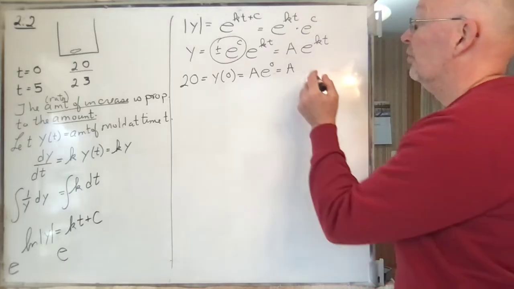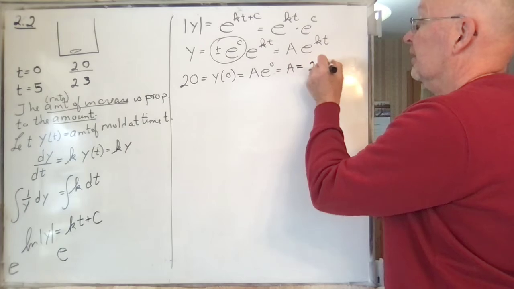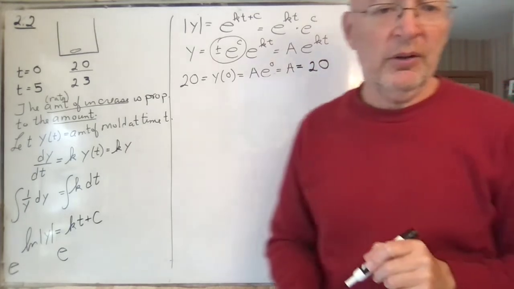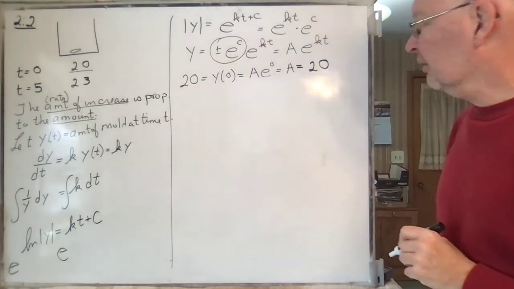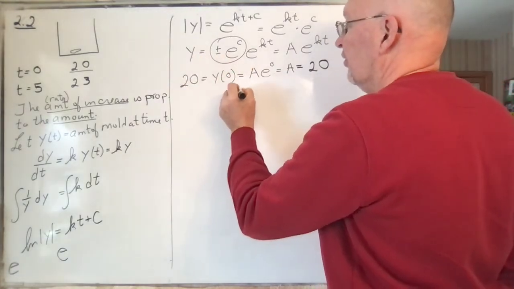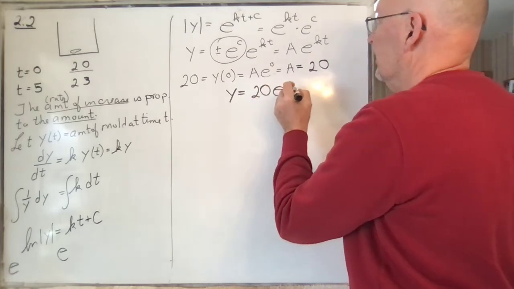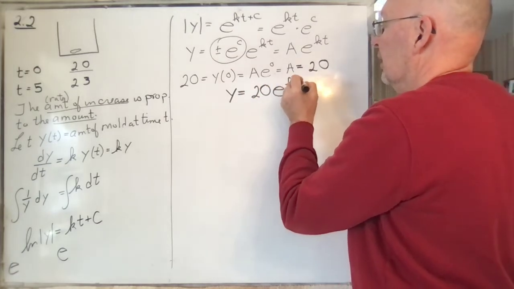So that means that a is equal to 20. My video stops on me every once in a while, so you'll have little glitches in here, but not a big deal. Anyway, here we go. So y is equal to 20 times e to the kt.